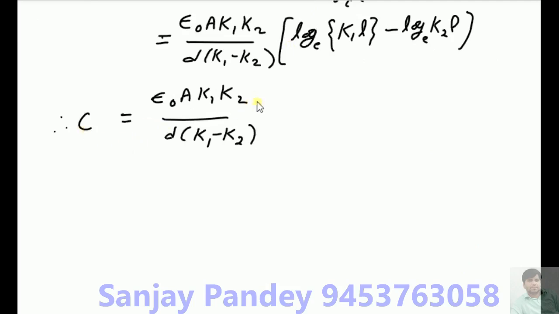So C will be equal to epsilon naught A k1 k2 upon d (k1 minus k2) into log base e k1l upon k2l.